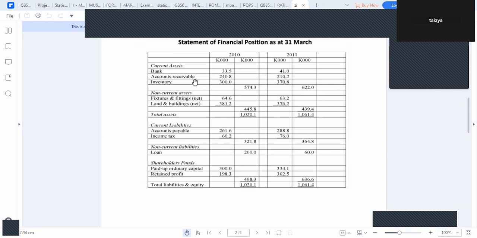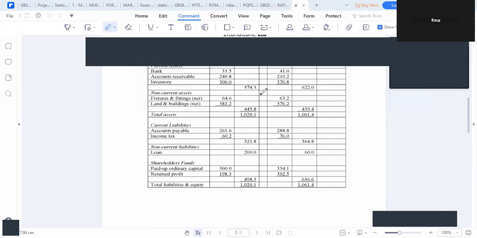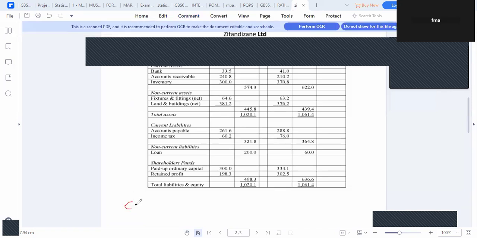We have bank, accounts receivable. What are the total current assets here? So current ratio is current assets over current liabilities.